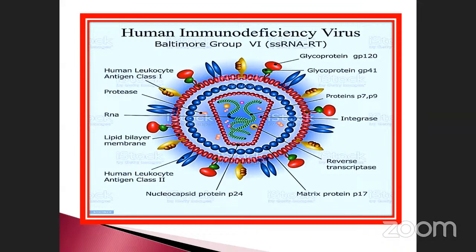Inside is the genetic material: two copies of single-stranded RNA. There is also an enzyme called integrase, and very importantly the reverse transcriptase enzyme. There are many other protein molecules and protease enzymes too. The envelope is made of a lipid bilayer membrane.